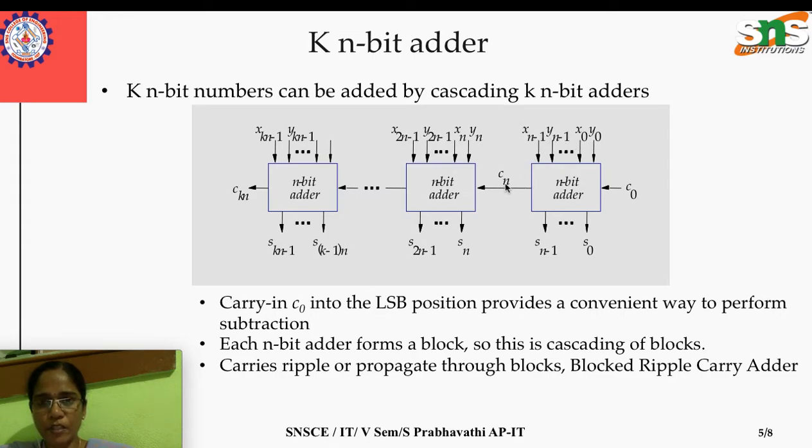Then it will produce the carry cn. As we have seen in the previous slide, the carry out at any stage is ci plus 1. Here n minus 1 is the MSB, and it will produce the carry cn, which is given as an input to the next block. Likewise it goes on, with their respective sums, and in the final stage we will have the carry out.